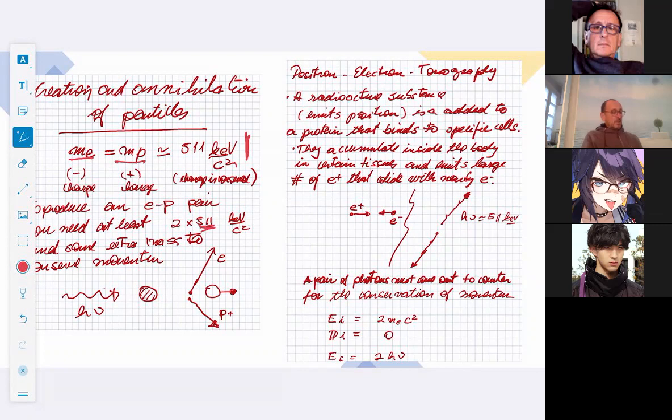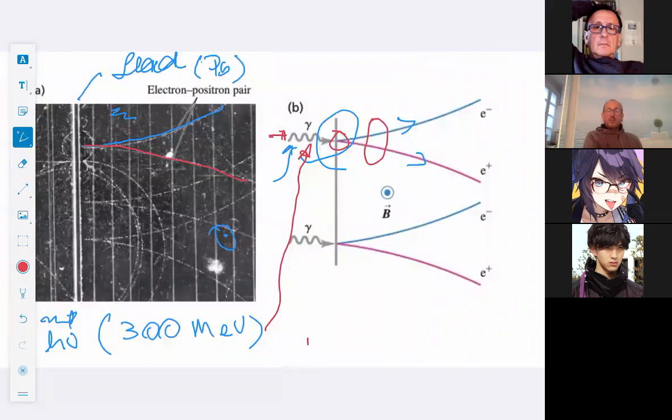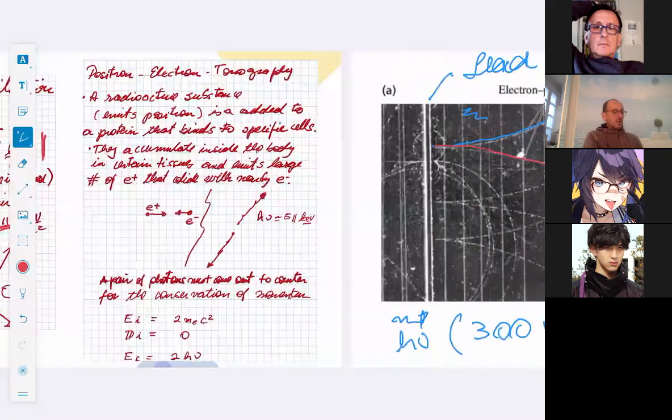So at least you need around a mega electron volt of light to do that. If you have 300 mega electron volts, you're certain that you're going to produce a lot of electron-positron pairs, and they will have a lot of energy.